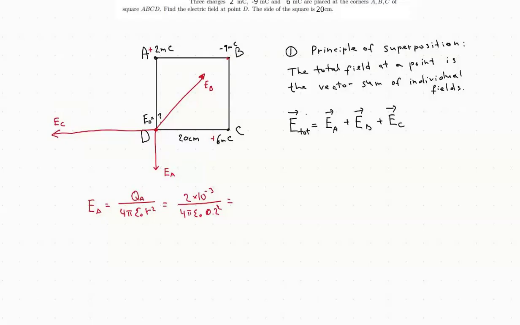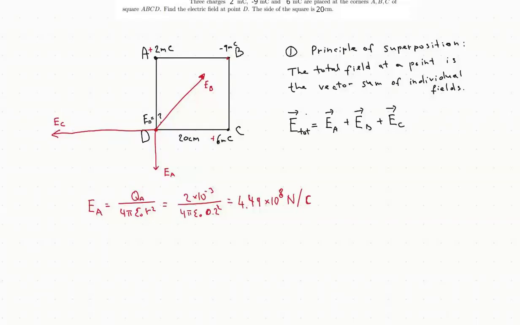Okay, that's 4.49 times 10 to the 8 newtons per coulomb. So you see, even 2 millicoulombs produces an absolutely massive field. Well, massive in terms of numbers.